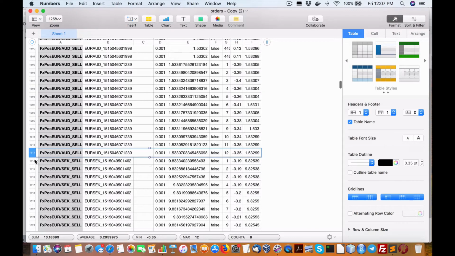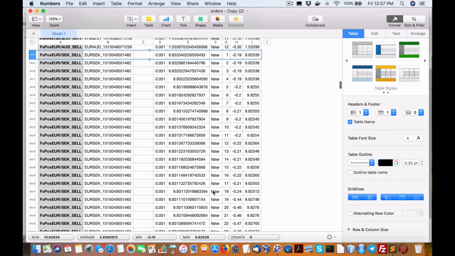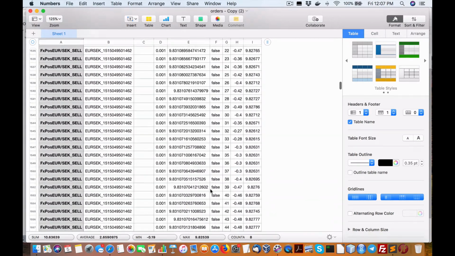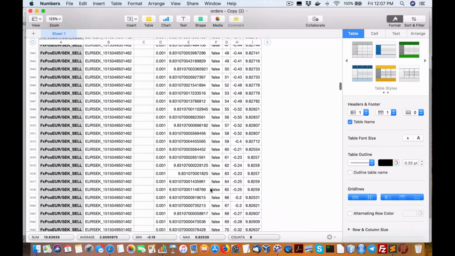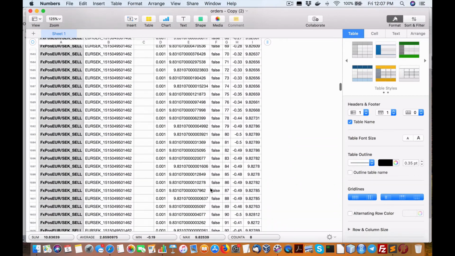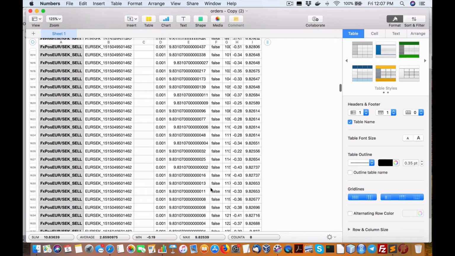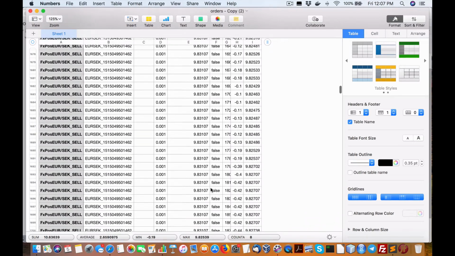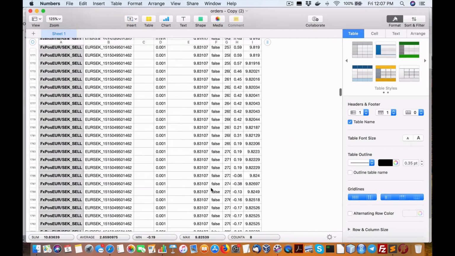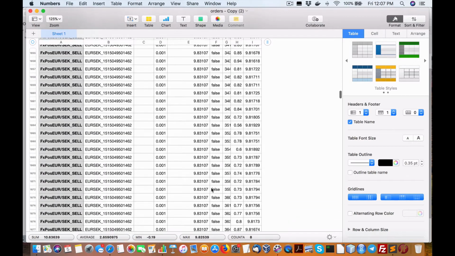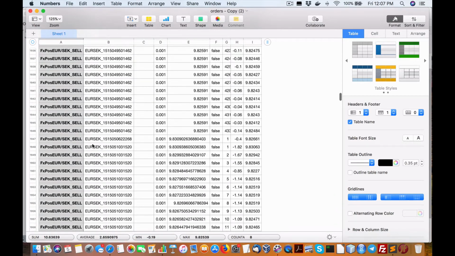So we have another short Euro, Swedish kroner. Let's see here. We are making money on this one because it's a sell or a short. So we're doing okay there. So we made money there. Cool.